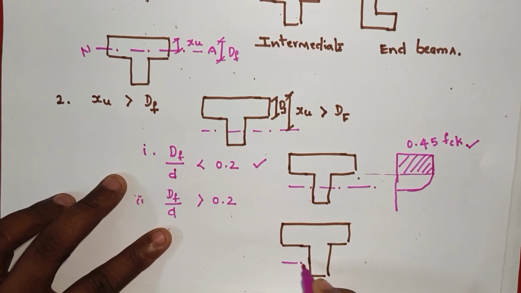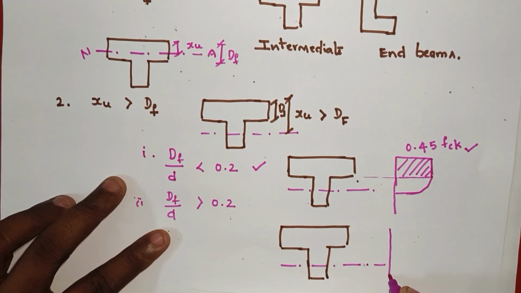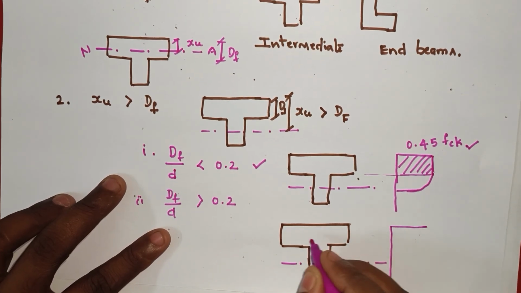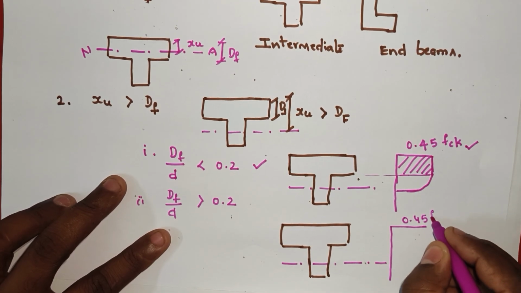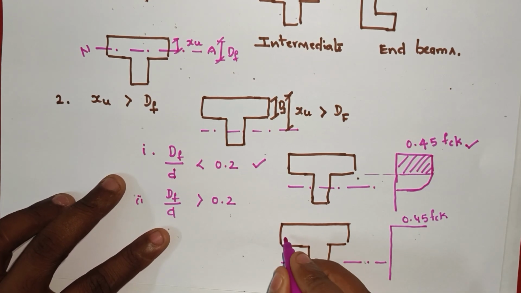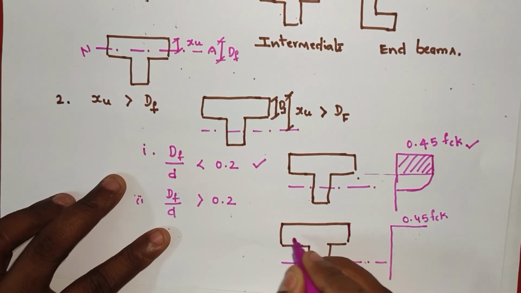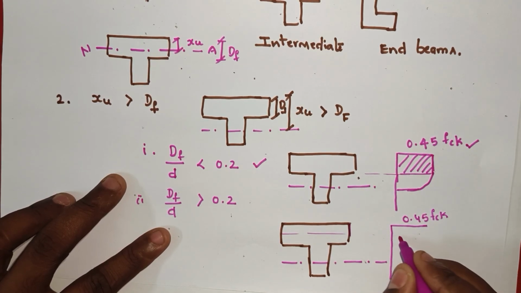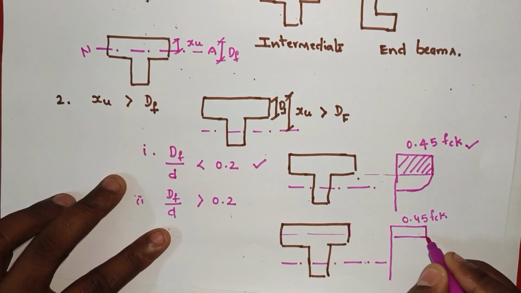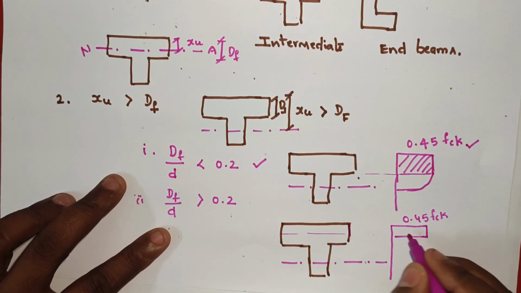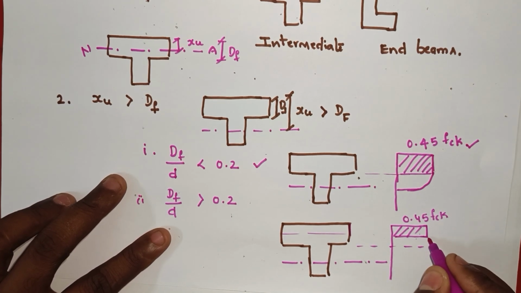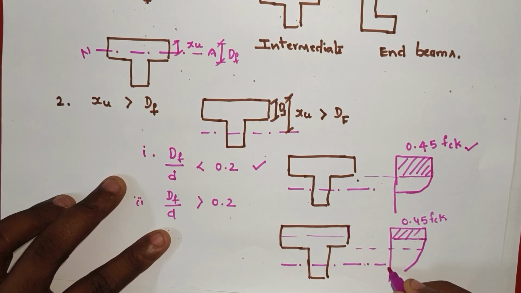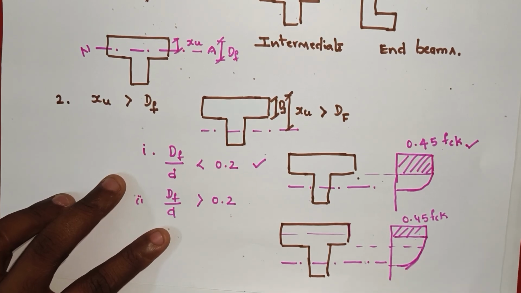Neutral axis will be outside the flange and outermost fiber will be 0.45 FCK, but only a certain portion of the flange is having the uniform compressive force of 0.45 FCK, and the remaining portion is not uniform.